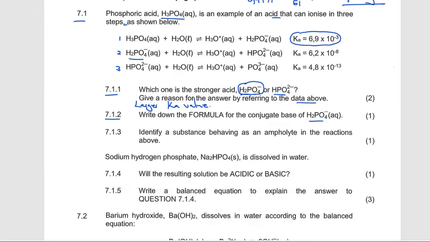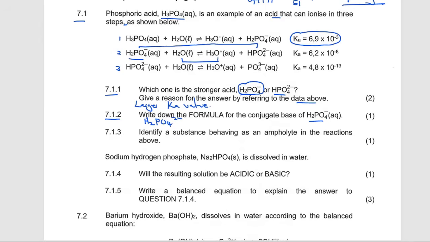In terms of that, we know this one is going to go with the other one, so negative 2, and this one pairs with that one. So our answer is going to be HPO4, then 2 negative.